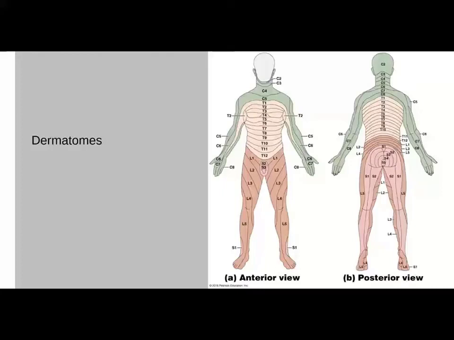Similarly, if we're going to have to do some sort of surgery and numb a nerve, if we know where the surgery is going to take place, it helps to narrow down which nerves we need to actually block sensation from.